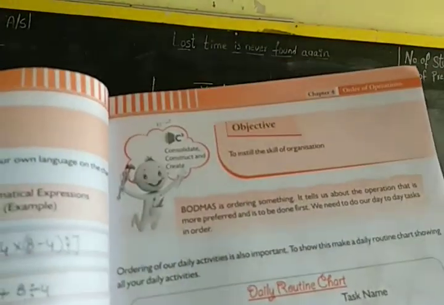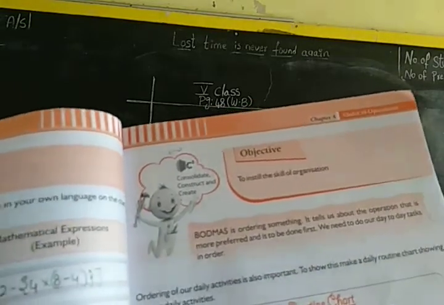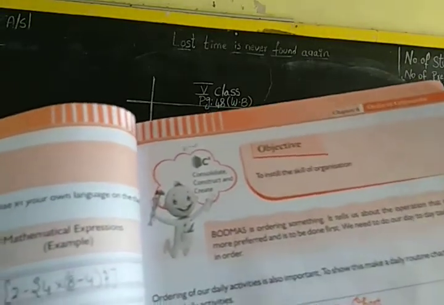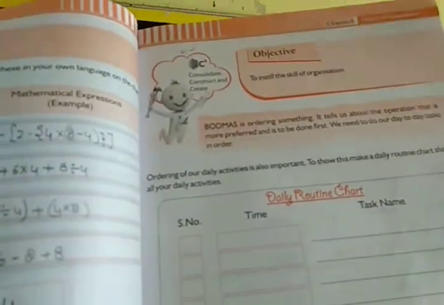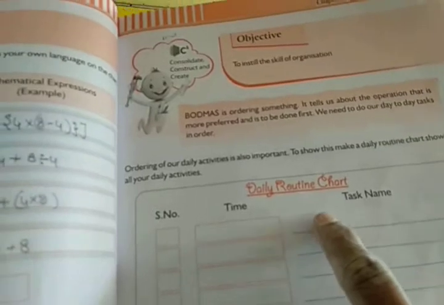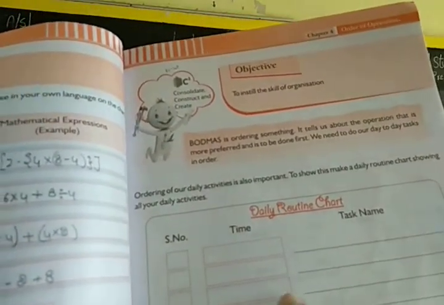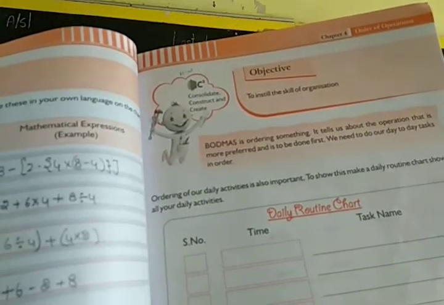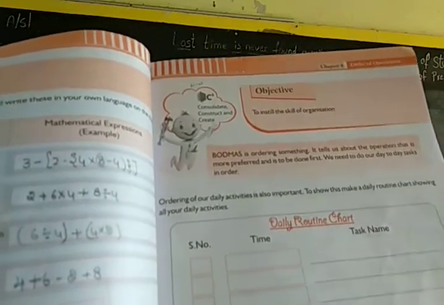That means the time at which you wake up, the time at which you get ready for school, the time at which you take your breakfast. Task means the work which you do from morning to evening. So the time at which you go to school, have your lunch, play, and study.